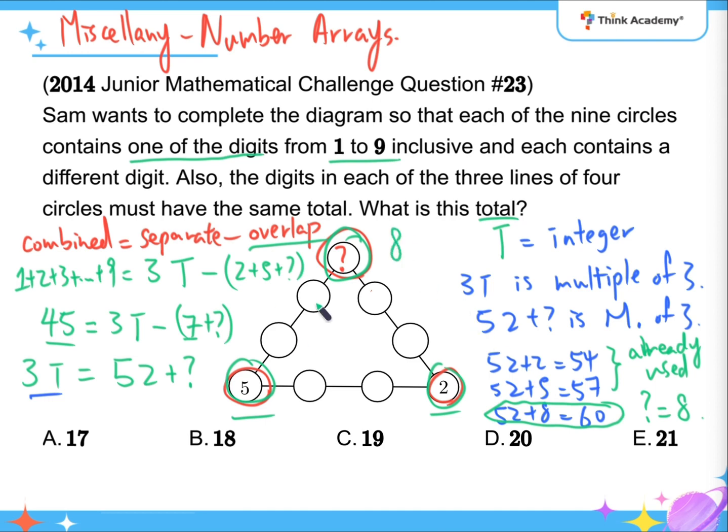All right, so that is 8. Now we can see that 3t is going to be equal to 52 adding 8, and that's 60. If 3t is 60, then t is going to be 60 divided by 3, that is 20. So the answer is D, that is 20.